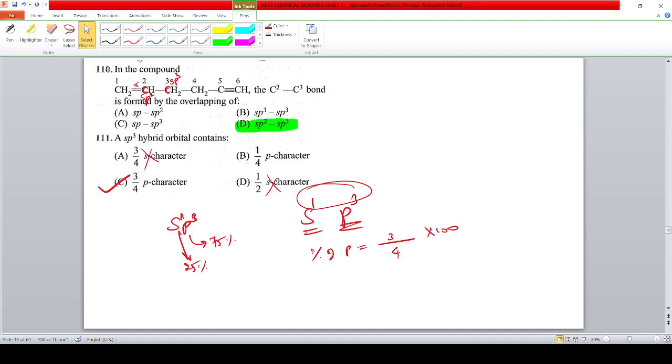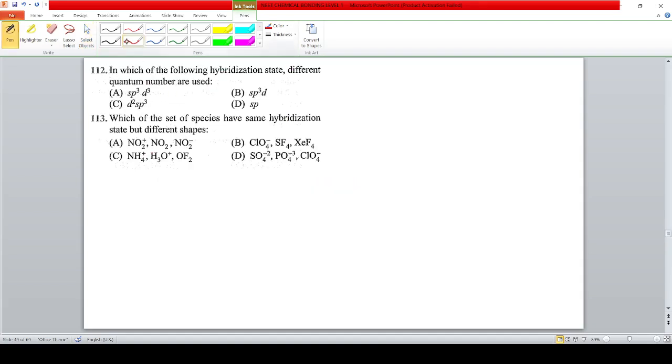Then question number 112. In which of the following hybridization states are different quantum numbers used? Okay. So let us go for sp3d3. If sp3d3, it will be ns orbital, the same np orbital and the same nd orbital.